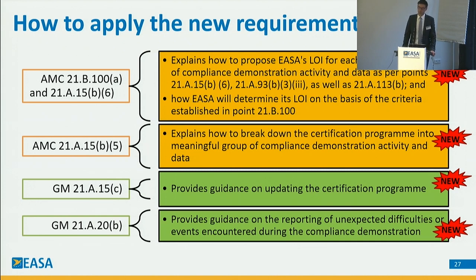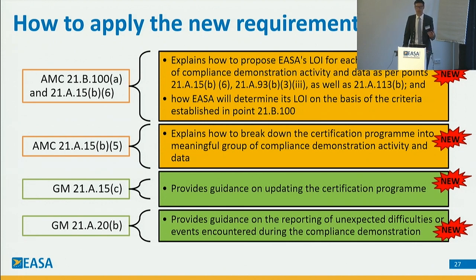The AMC to 21.B.100(a) and 21.A.15(b)(6), which is the same one, explains how to propose EASA's LOI, and there you find some recommendations, as we discussed just before, for each meaningful group of compliance demonstration activity and data. By the way, on purpose we say data here and not document, because even if we retain a document which has maybe 1,000 pages, that doesn't mean that we review 1,000 pages.